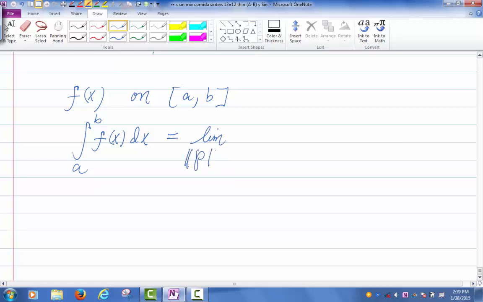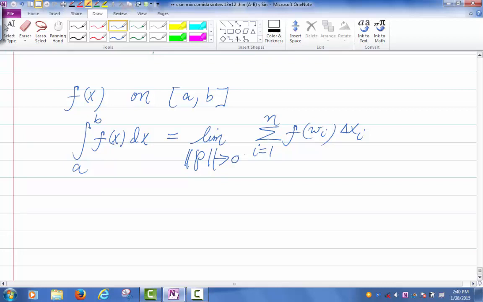of the Riemann sum, right? i going from 1 up to n, f of wi times delta xi, and so we take the limit of the Riemann sum as the lengths of the subintervals go to 0, right?